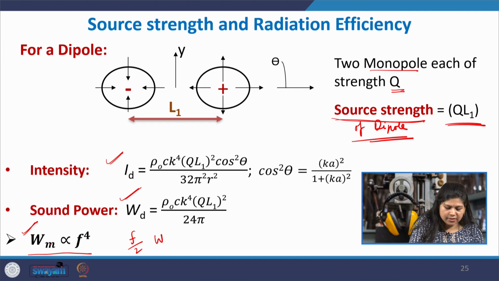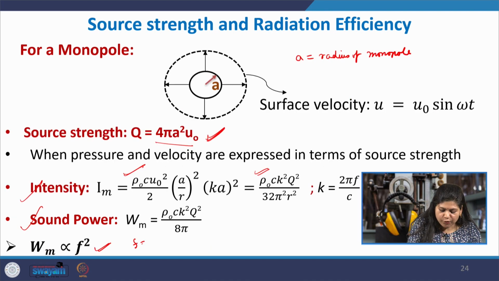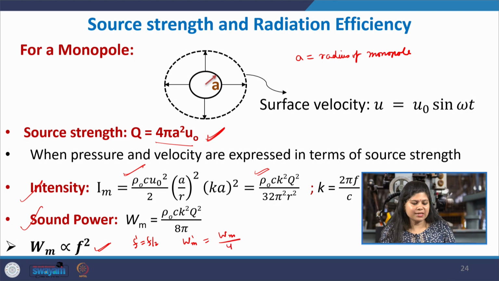There is one correction here, this is W due to D. So, if f dash is f by 2, then WD dash would become WD by 2 to the power 4, which is going to be 16. Whereas, in the case of monopole, if you had reduced your frequency, then the new energy would be the old energy divided by 4. So, here decrease of the frequency is having more effect on the dipole, it is more sensitive to such frequency changes.